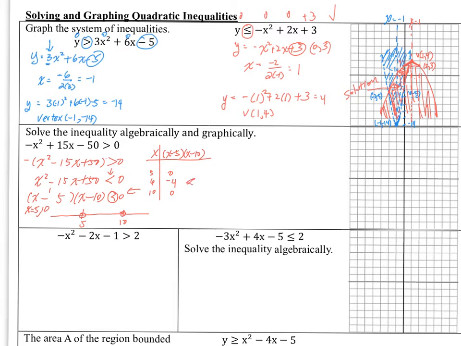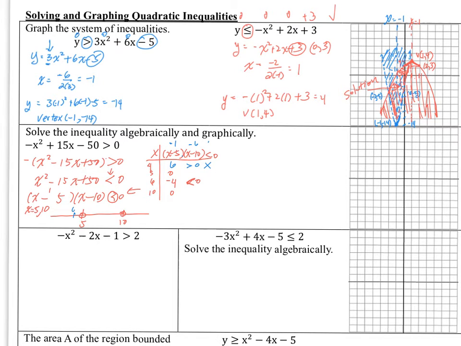Exactly, that's less than 0. Okay? And if I just want to double check, what if I put 4 here? So 4 minus 5 gives me negative 1, 4 minus 10 gives me negative 6. So that makes a positive 6. But positive 6 is not less than 0, it's greater than 0. So we don't want this, we want something that's less than 0.